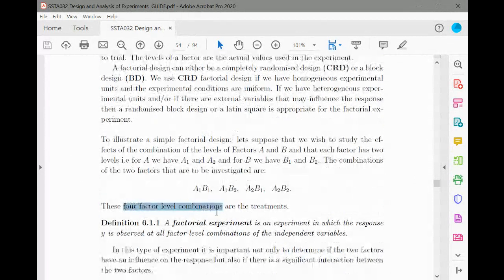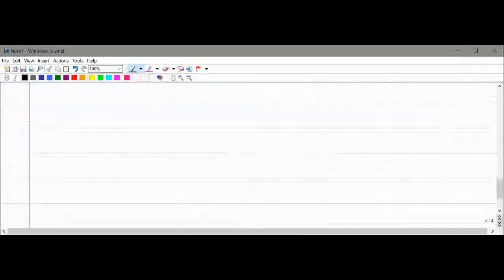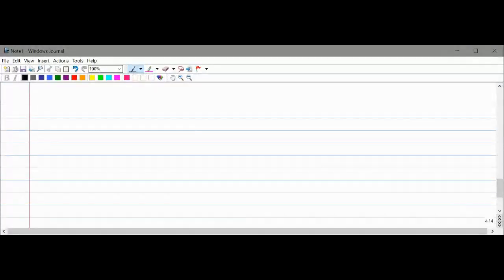So here we have 4 factor level combinations. Let me show you with the one that I was explaining earlier. I want you to give me these levels for this problem. Can you see the whiteboard?